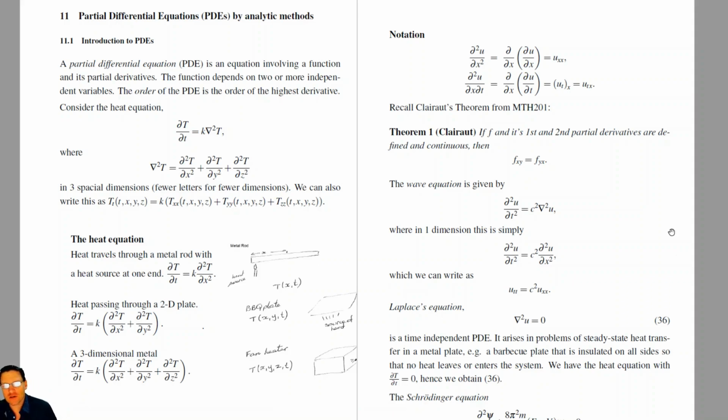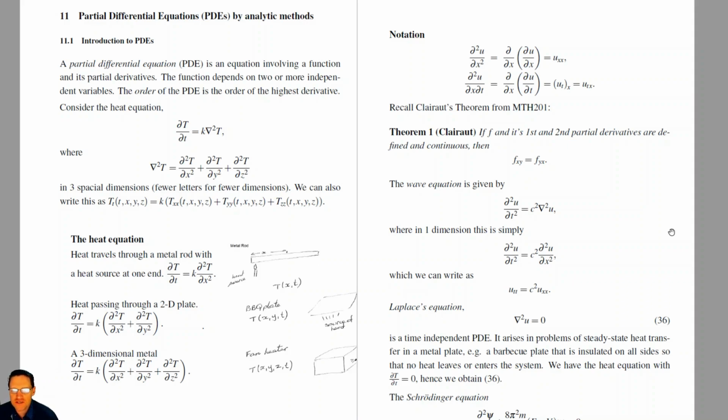Okay, so now let's have a look at some notation, because perhaps you haven't seen too much of partial derivative notation, although I'll remind you that we've already solved some partial differential equations of the simplest kind way back when we did exact ordinary differential equations in the earlier weeks of the course.